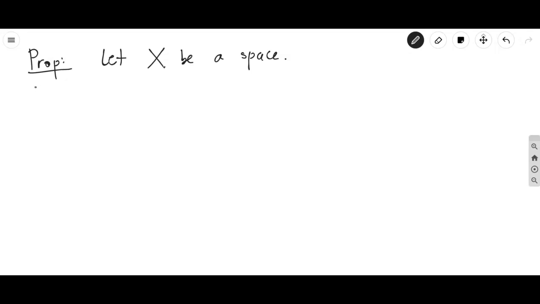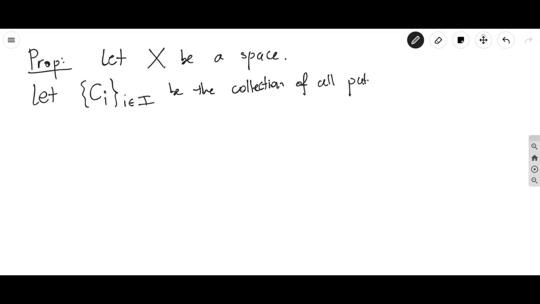And let Ci be the collection of all path components of X.